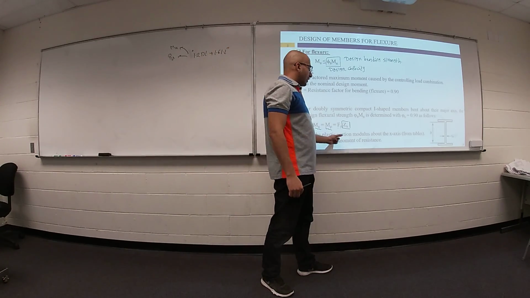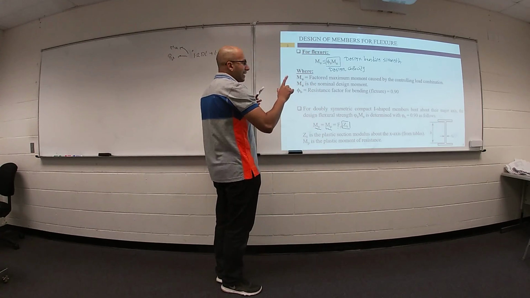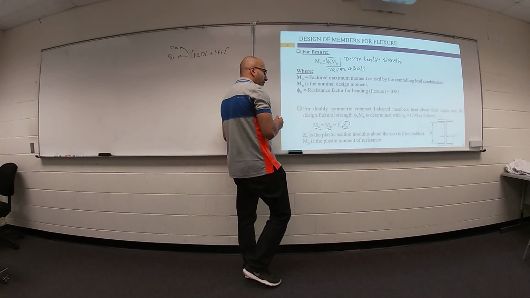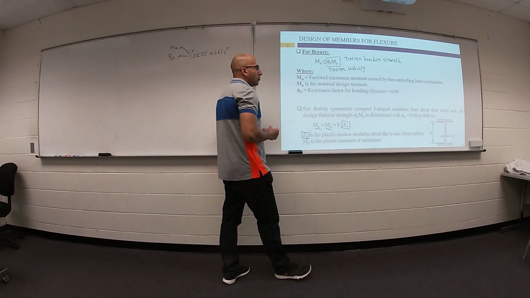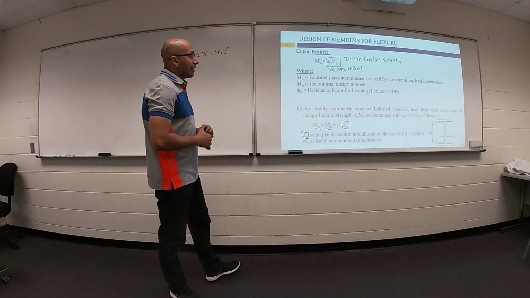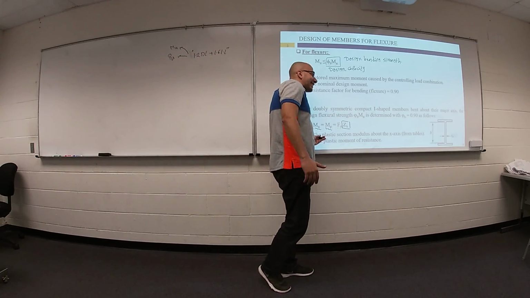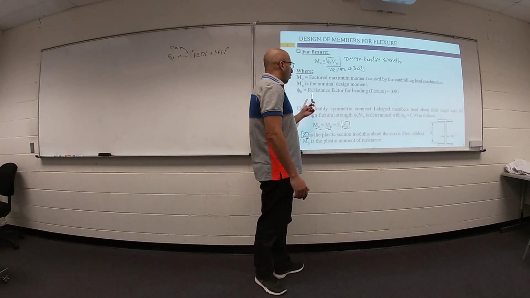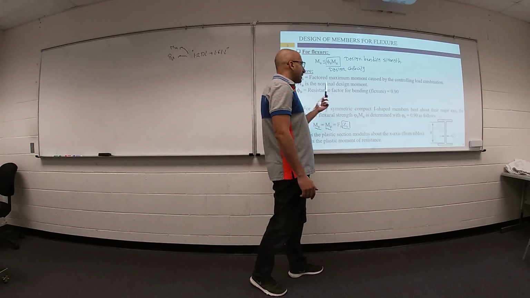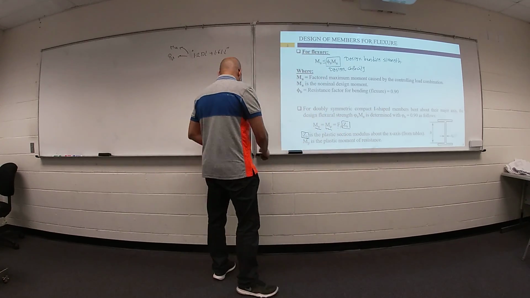It is the plastic section modulus about the x-axis. Based on the name of your cross section, you can figure out the value of Zx. F yield is based on the type of steel. To convert your nominal strength to design strength, we use a resistance factor for buildings, Phi bending, equal to 0.9.